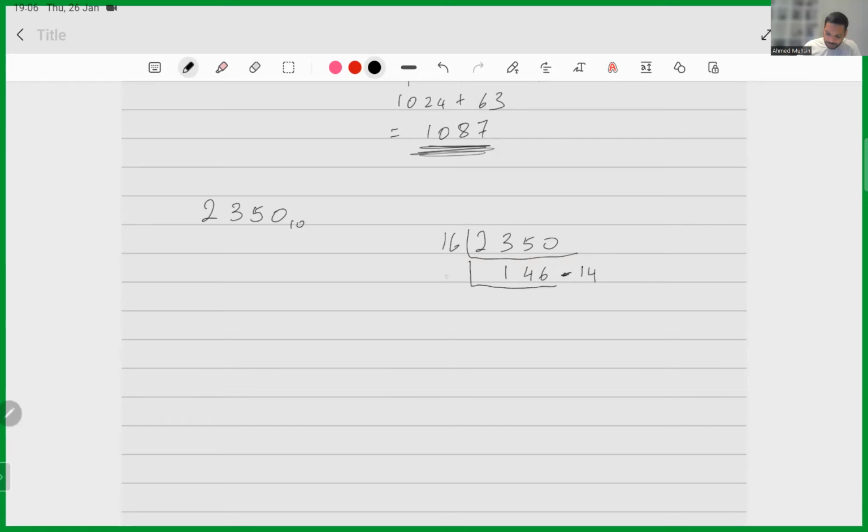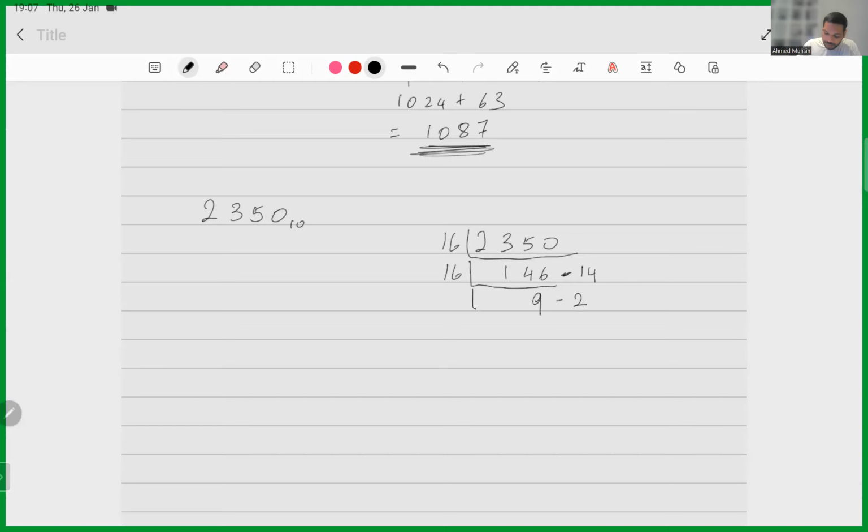If we divide 146 by 16, we get 9. So there are 9 16s, and there would be a remainder of 2. Let me just double confirm. 9 times 16 is equal to 144. We want 146, so there's a remainder of 2.